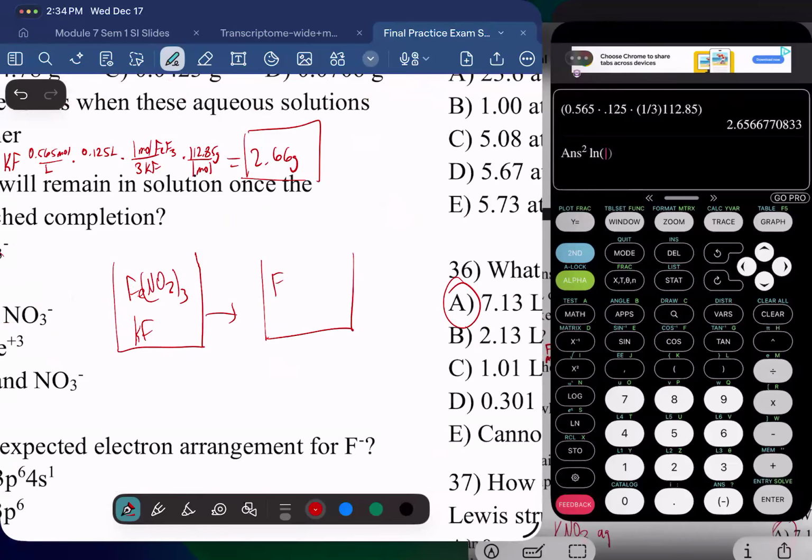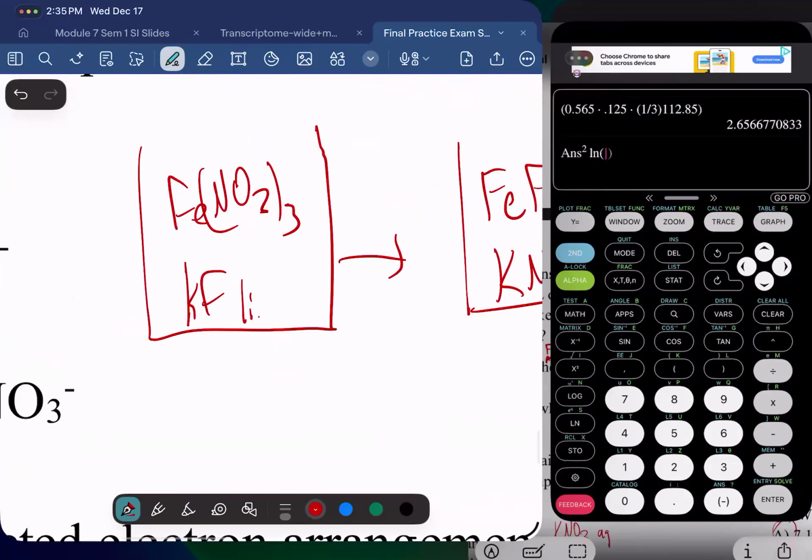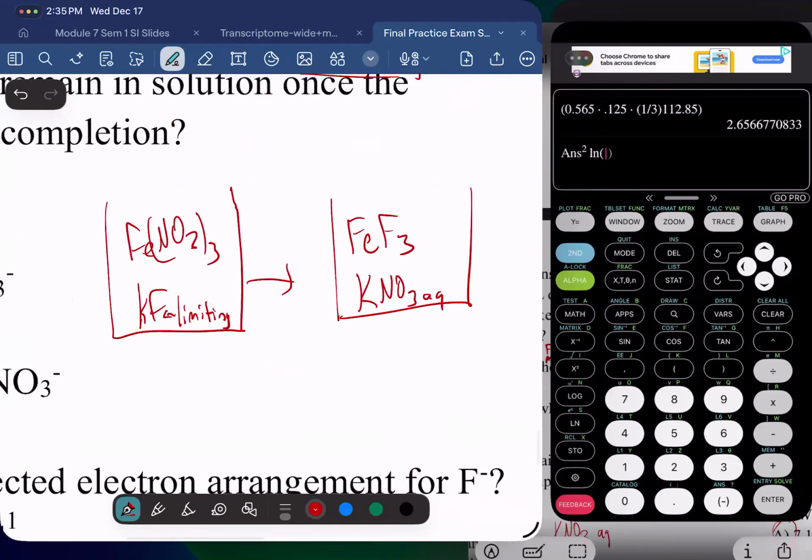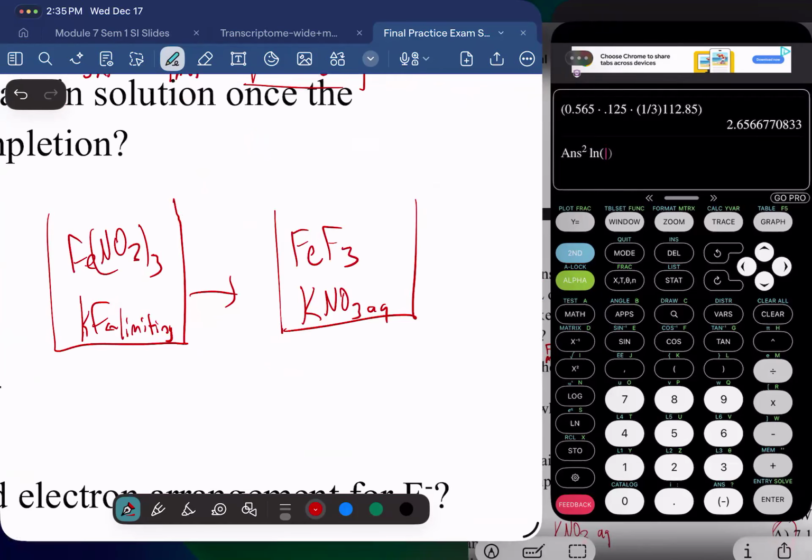iron 3 fluoride, and then obviously K nitrate is aqueous. Okay, we know that KF is limiting, meaning that this reactant is running out. And what that means is that all of the KF is going to be used to react to form this precipitate.